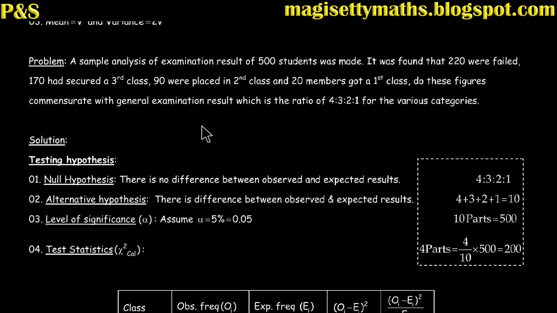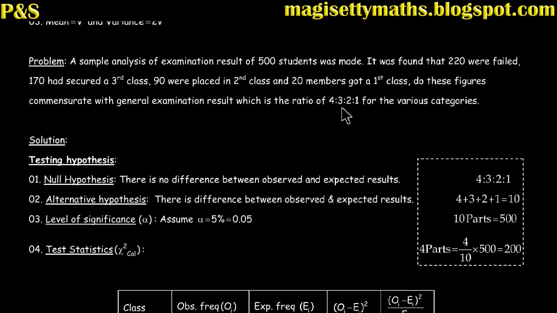The total parts 4 plus 3 plus 2 plus 1 is 10, which represents the total number of students. So 10 parts equal 500 students. Evaluating 4 parts: 4 divided by 10 into 500 gives 200. So 200 students failed in the general examination.